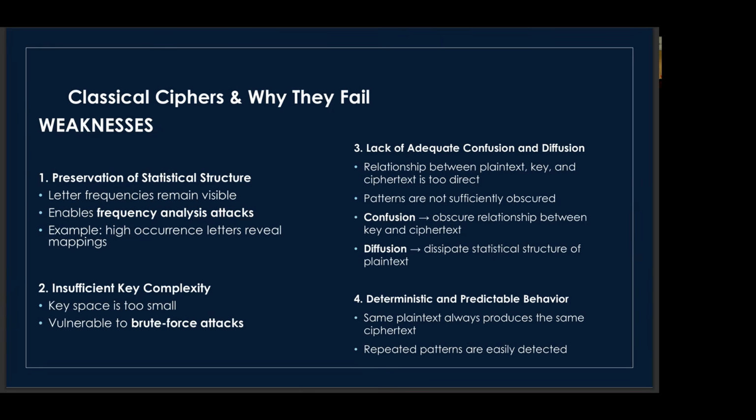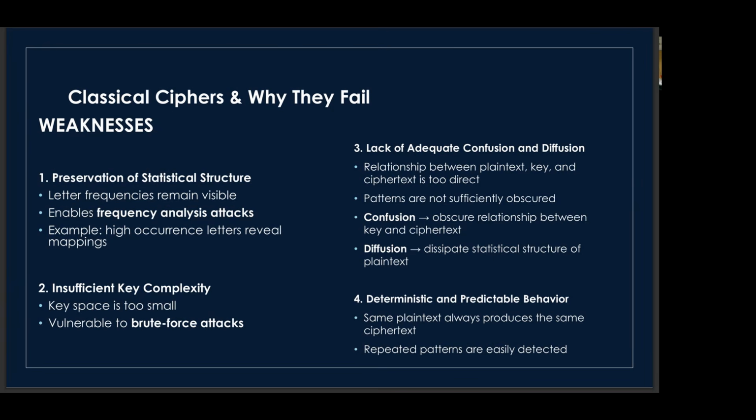And then another weakness, insufficient key complexity. The key space is too small, because if you use a very large number of columns but the data is very short, it's not worth it either. So what number is good for us? And then lack of adequate confusion and diffusion. In order to get a very good cryptography candidate, we must have a high confusion level and high diffusion level.